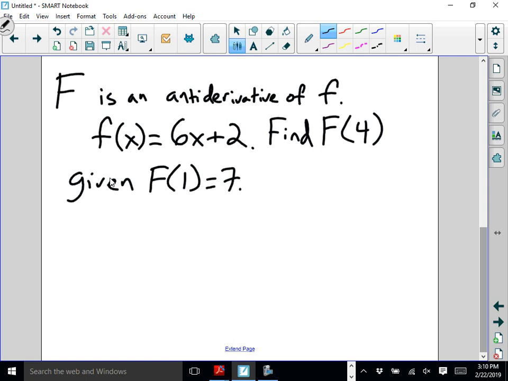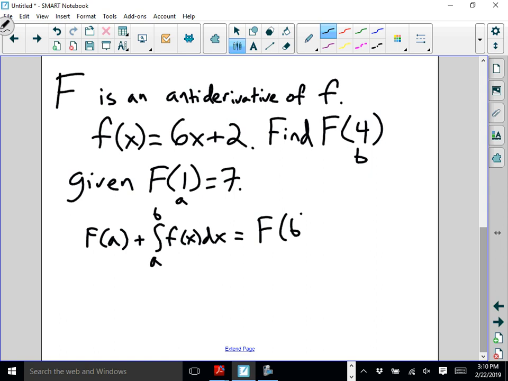This 1 is our a, this 4 is our b. So here's what we know. That's just the fundamental theorem of calculus rewritten.